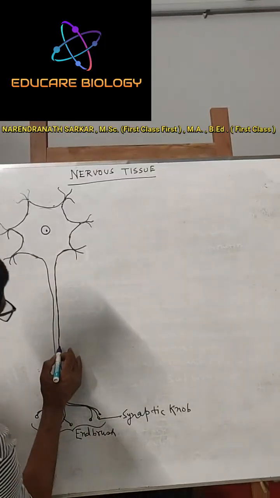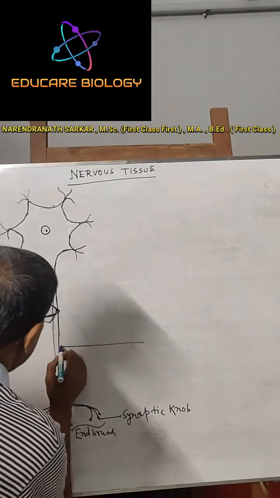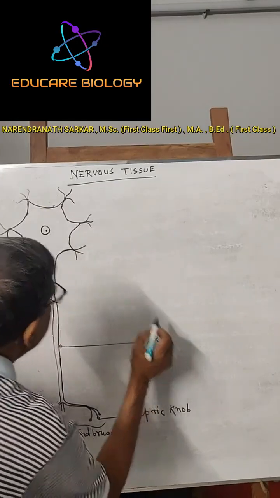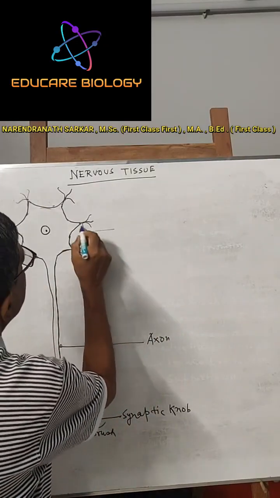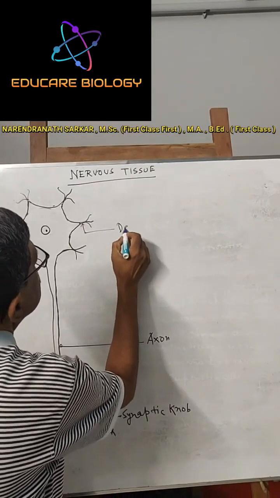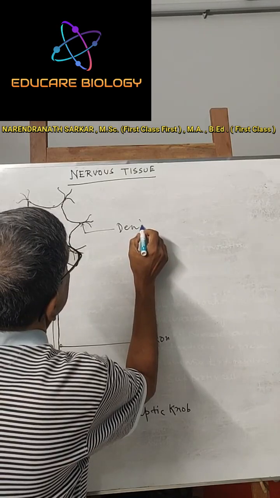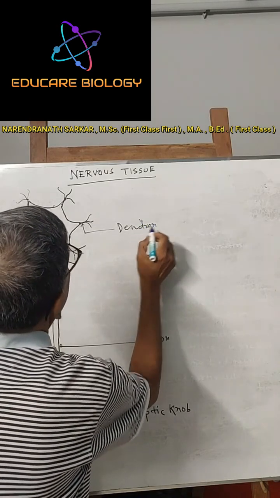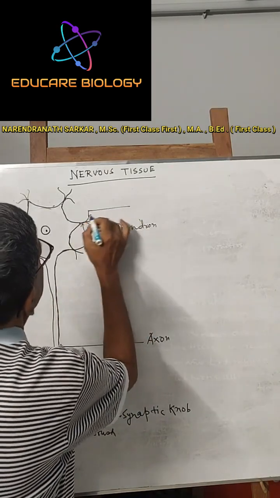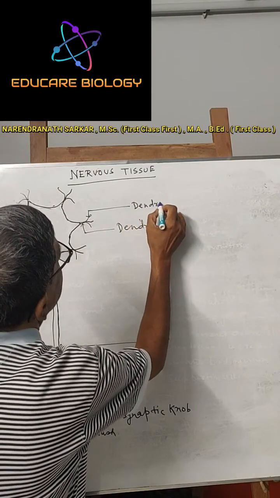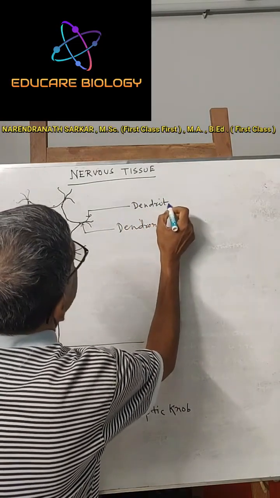This is the axon, the longest process. This is the short process, called dendron. The branches of dendron are called dendrites.